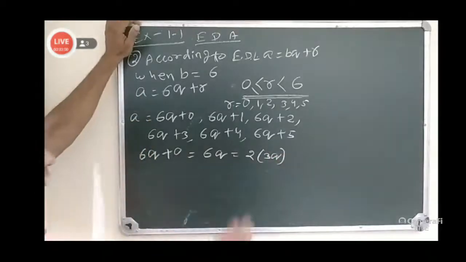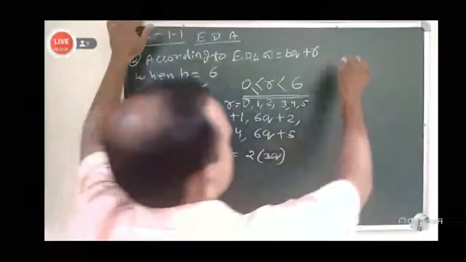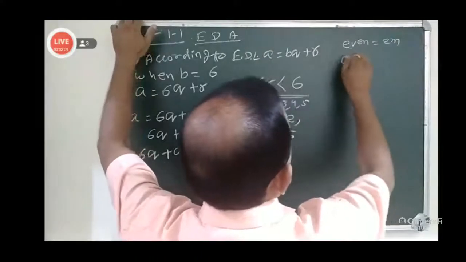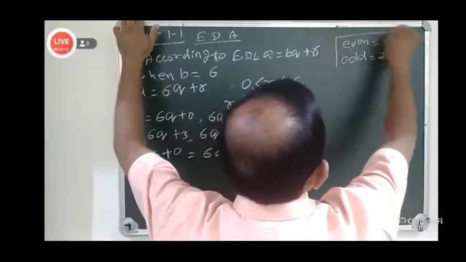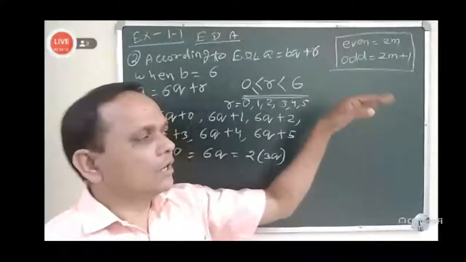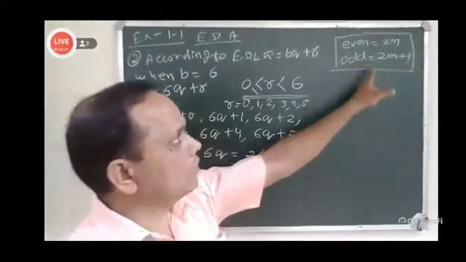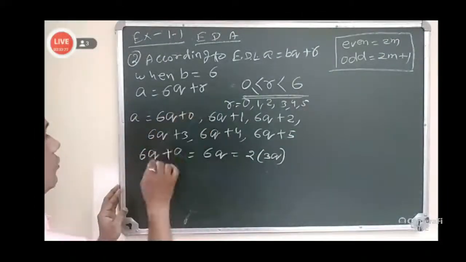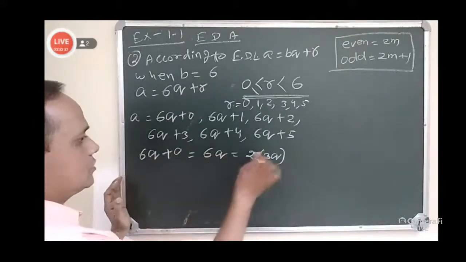This is an even number. An even number can be written as 2m, and an odd number equals 2m plus 1. These are the general forms of even and odd numbers that we discussed in class 9.